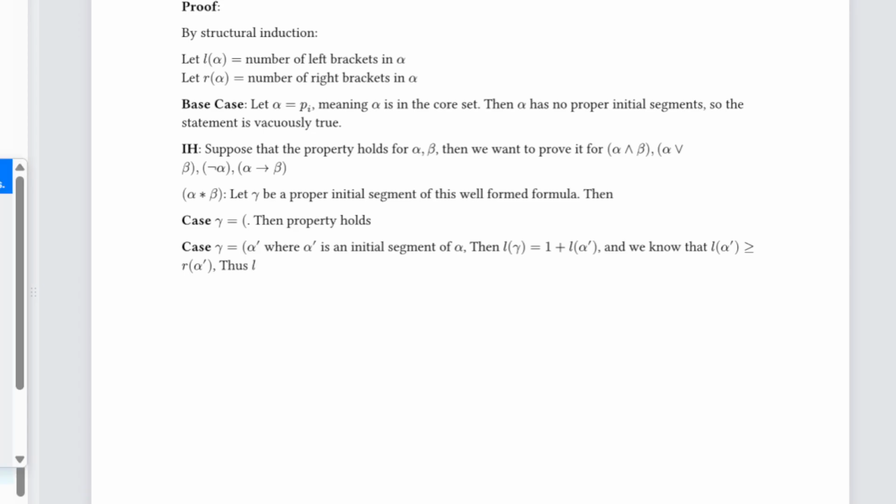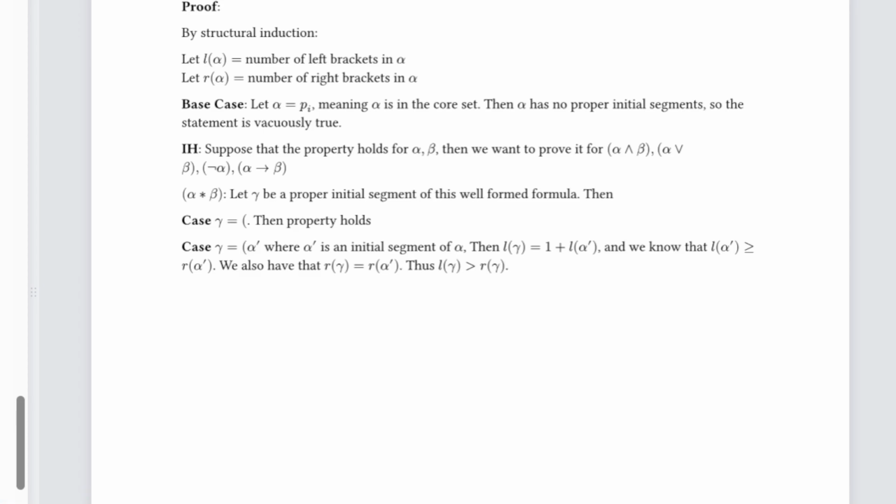Thus, L of gamma is strictly greater than R of gamma. And just to be a little bit more precise, we also have that R of gamma equals R of alpha prime. This is what justifies the fact that it's strictly larger.